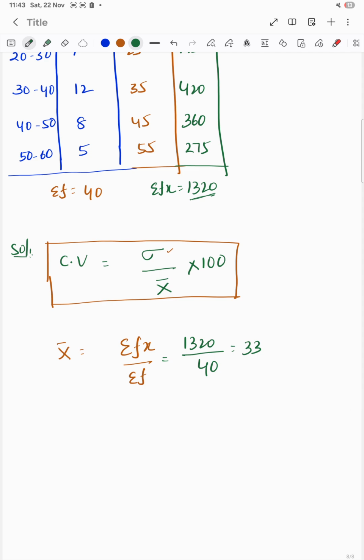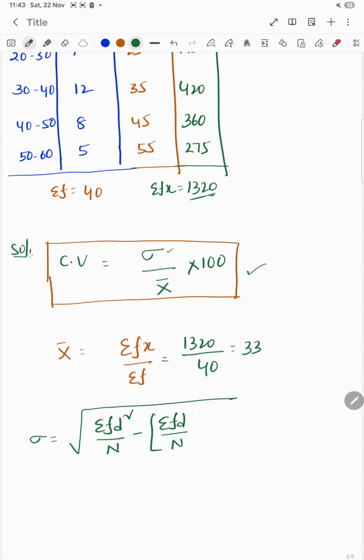But to find out coefficient of variance, now we require the value of sigma, which means standard deviation. As we know, standard deviation is calculated by square root of summation of fd square by n minus summation of fd by n whole square, and the whole term into c. If you observe carefully, in this formula, n value we already have, that is 40.